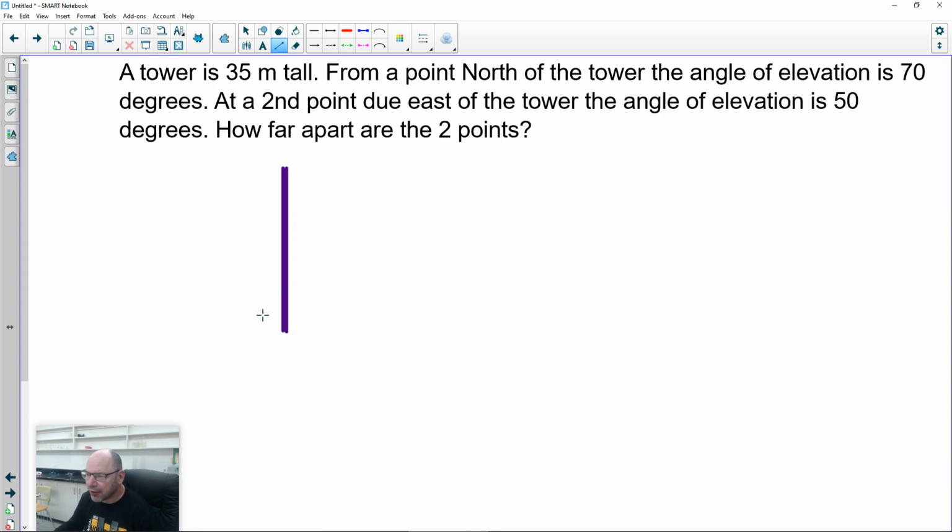Okay, there's our tower. Now if we pretend that this is due north here, straight across, so let's put the point there. Okay, this is due north.